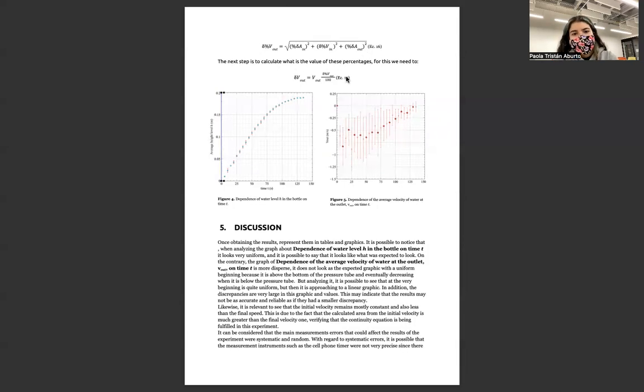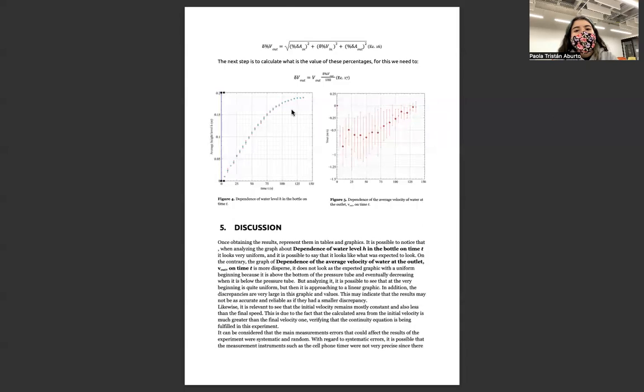Then we only calculate the value of this percentage, and we have to multiply the velocity out, the value of the average velocity out, times the value of the percentage error of the velocity out divided by 100.